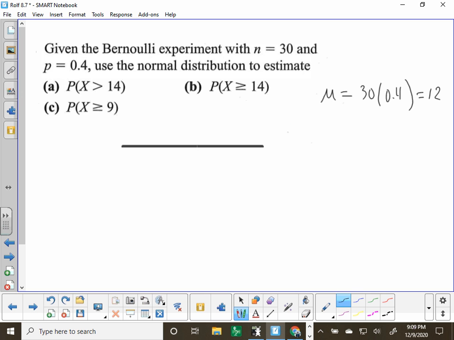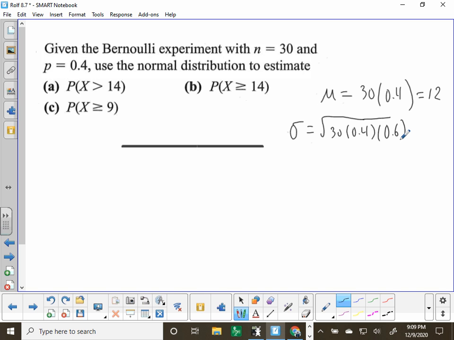So the standard deviation is the square root of n, which is 30, and then 0.4, and 0.6 would be the q. I'm typing this off camera.